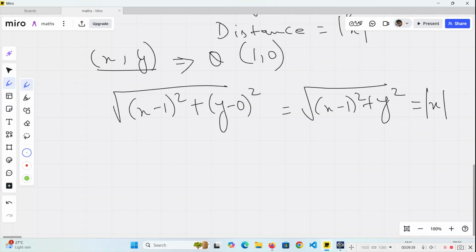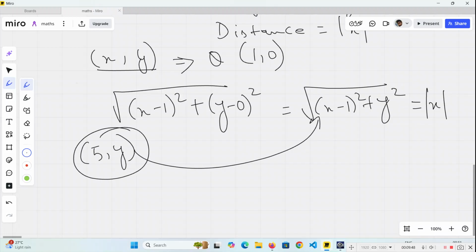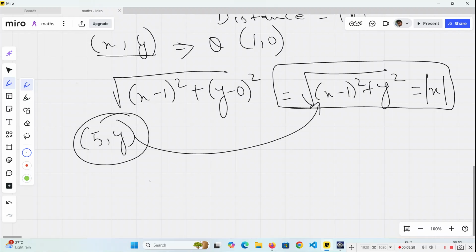Now in the question they have told that a point on set B is 5 comma y. Because it is a part of B, this 5 comma y will satisfy this equation.